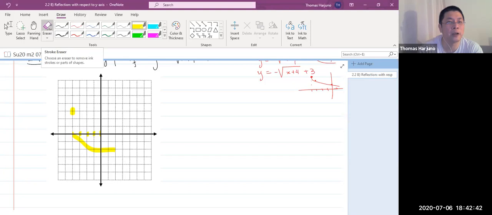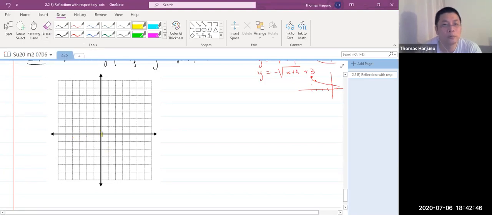Let me repeat it again. We start from square root of x. It looks like this. Now I move 4 units to the left. Now it looks like this. Don't forget that the shape has to be the same.